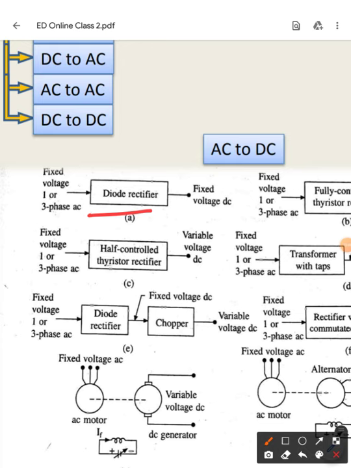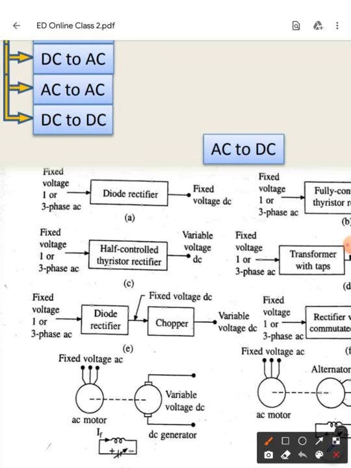So what is the function of your diode rectifier? Diode, as you have studied, is an uncontrolled device. It does not have any control terminal. That means a gate terminal is not associated with the diode. That's why it is called an uncontrolled device.